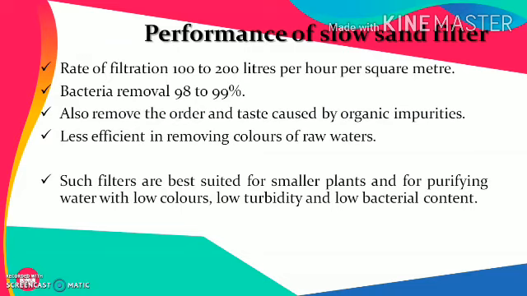Even higher turbidity results in earlier choking and very frequent cleaning of the filter media, which is not practicable in a slow sand filter. Even a higher bacterial load may interfere with the normal operation of such filters. Another limitation of the slow sand filter is that it requires a very large area.